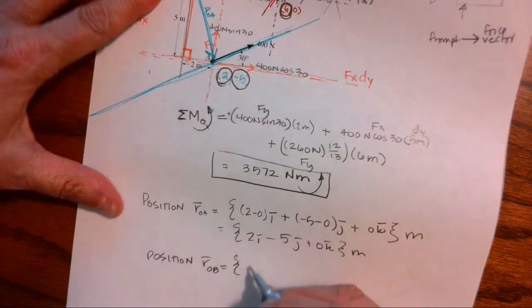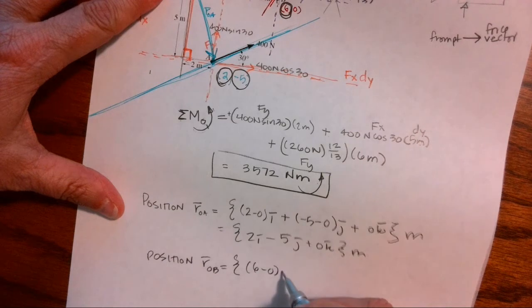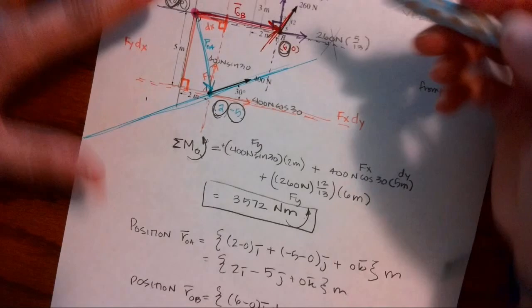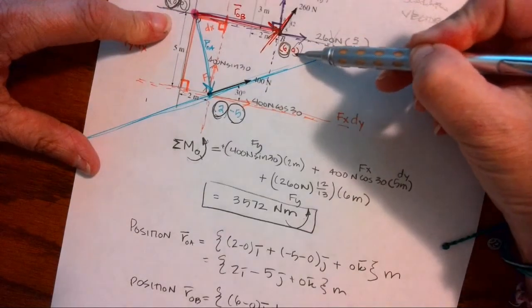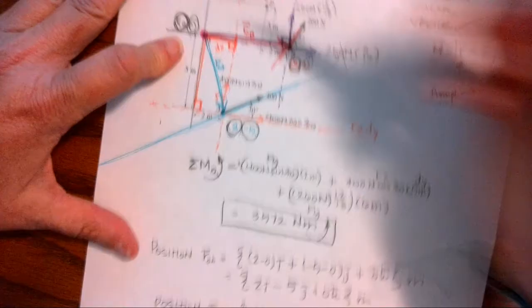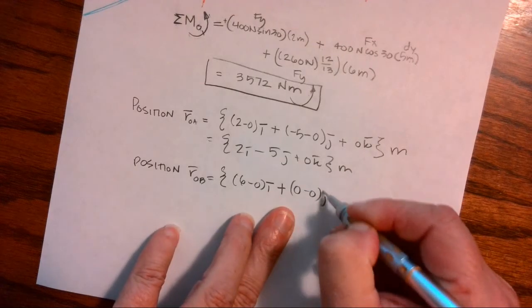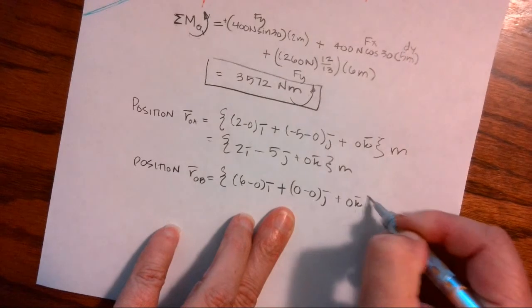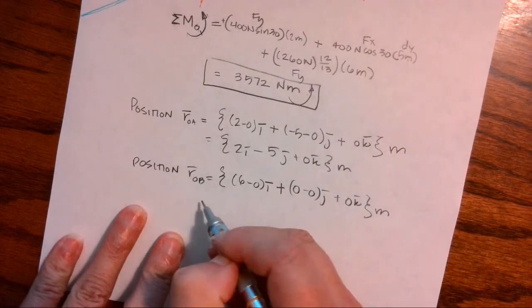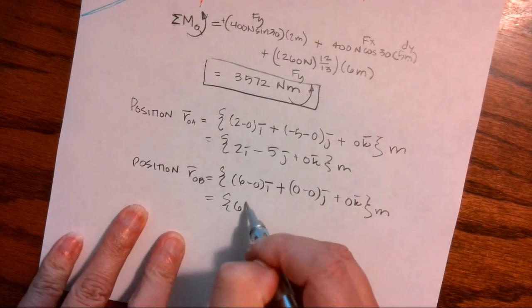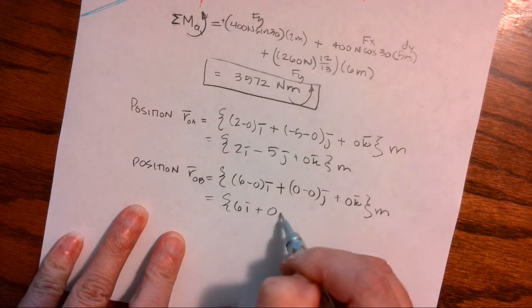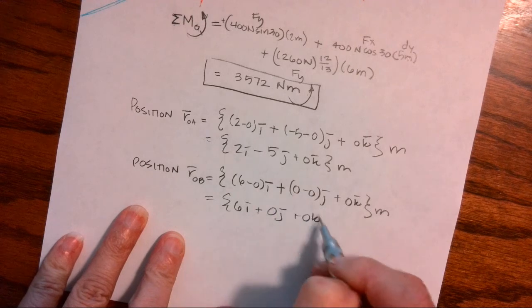That's my x components. 6 minus 0 i plus 0 minus 0 j plus 0k, again meters, so I'm left with 6i plus 0j plus 0k in meters.